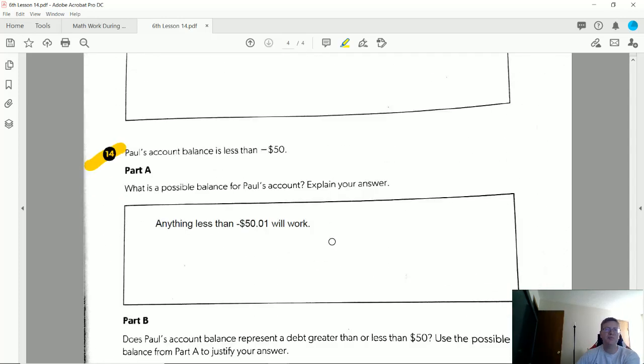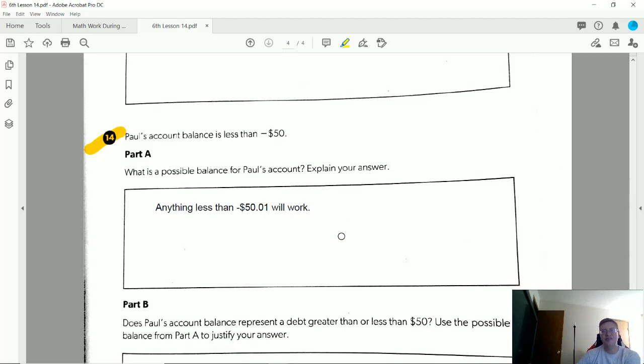And our last one, number 14, Paul's account balance is less than negative $50. What is a possible balance? Anything below negative $50.01 would work, because once we are going in that direction, that would satisfy our inequality of having less in the bank account than negative $50.